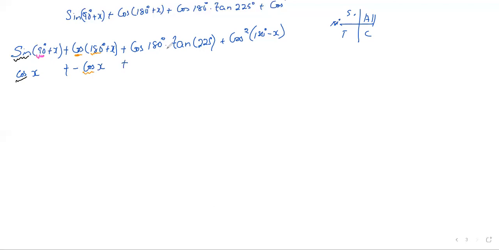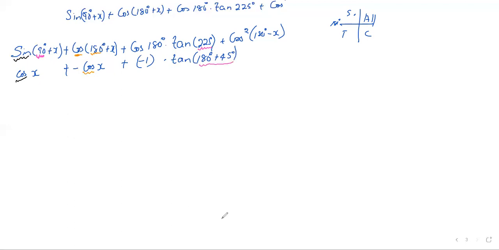Plus the cos of 180 degrees is -1. The tangent here is the tangent of 180 plus 45 to give us 225.